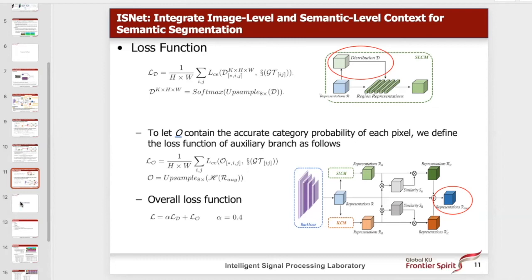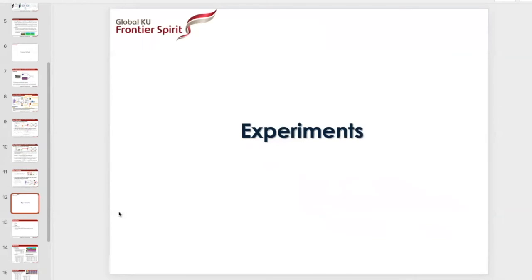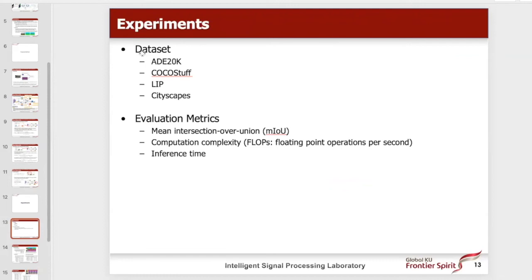Thank you. Now let's come to the experiments. In this paper, the author tests the proposed method on 4 different segmentation datasets. The first is ADE20K, the second is COCO-Stuff, then LIP, and finally Cityscapes.